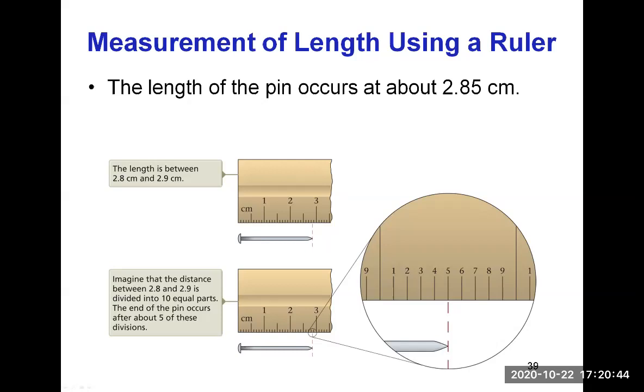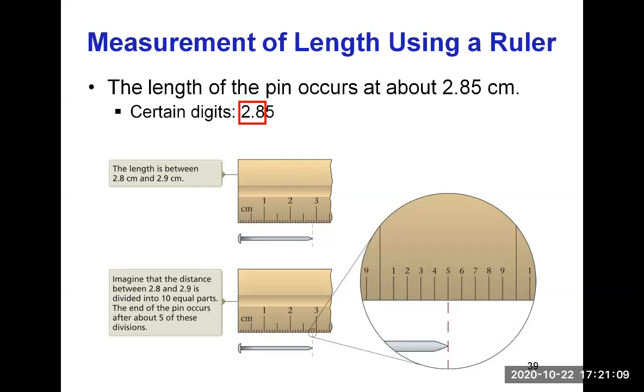And so from 2, you can count, so the line that is halfway is 2.5, and then 2.6, 2.7, 2.8. And then you have the end of the pin, and then after that it's 2.9. So you know for sure that it's between 2.8 and 2.9.